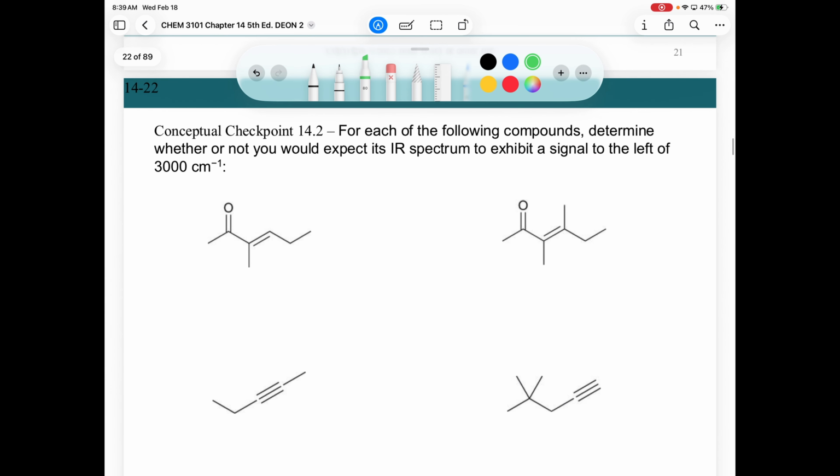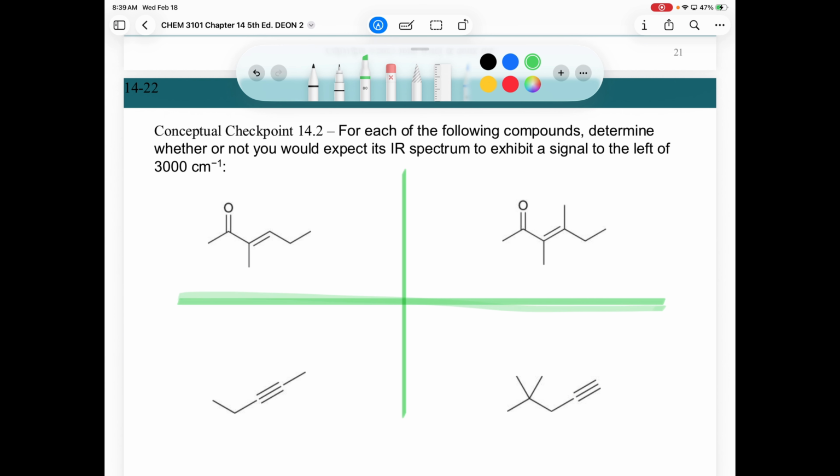All right, now, let's take a look at question 14.2. For each of the following compounds, determine whether you would see a signal in the IR spectrum to the left of 3000. So we'll take a look at these. I'll draw a line like this, okay?